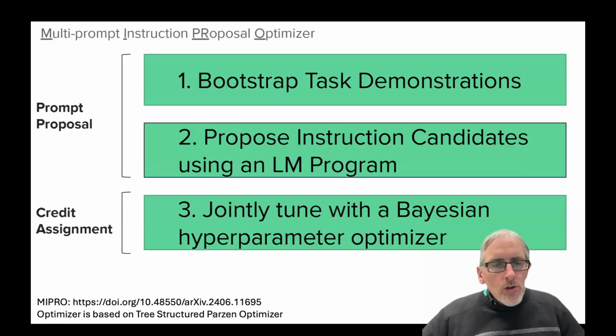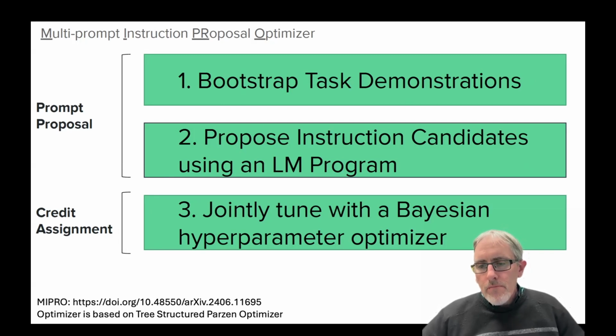And then the other tool comes out of the Stanford Natural Language Processing Lab, called MIPRO, or Multi-Prompt Instruction Proposal Optimizer. As they advertise, this is an effort to substitute prompt engineering with programming.